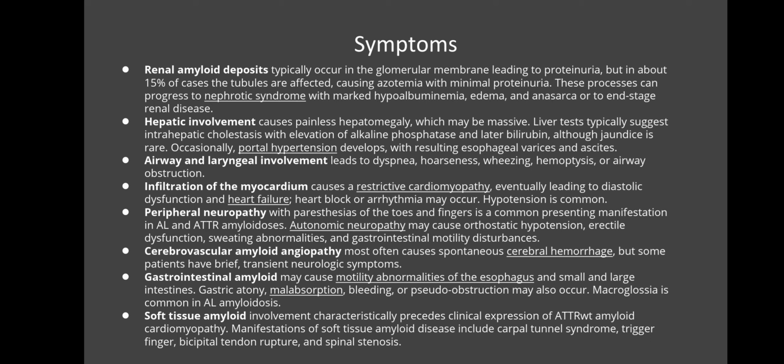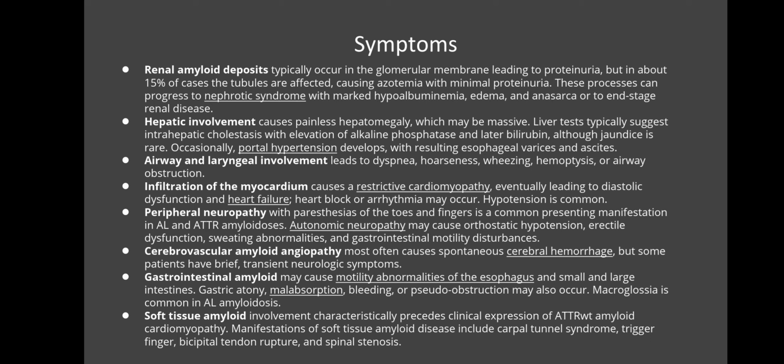Then there will be hepatic involvement. If it is in the liver, there will be hepatomegaly. If it involves the lungs, there can be dyspnea, hoarseness, wheezing, and airway obstruction. If it is in the heart, myocardium, restrictive cardiomyopathy, and it can also lead to heart failure.